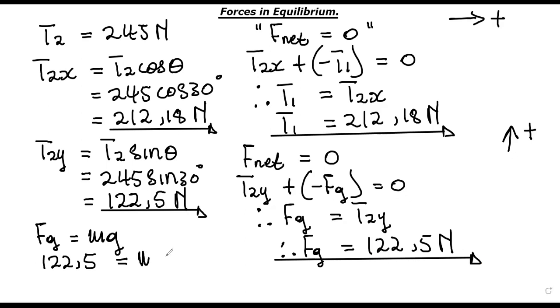The mass of this object is unknown, so we write m, and then we times it by the constant, which is 9.8. So if we go to our calculator and say 122.5 divided by 9.8, we find that the mass of this crate will simply be 12.5 kg. Over and out.